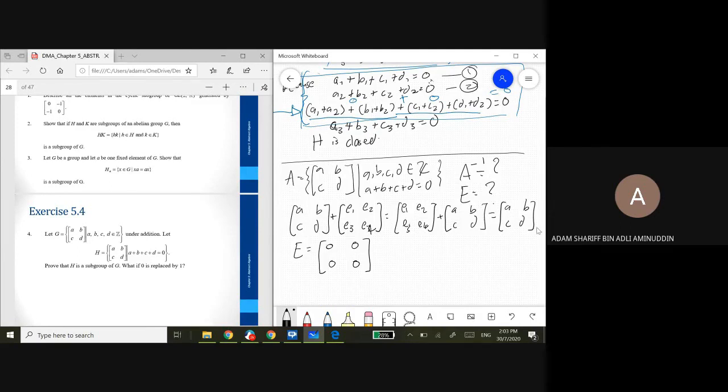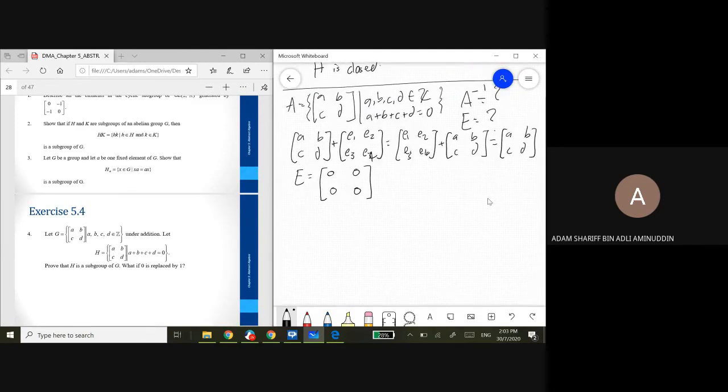Okay, right now we have this idea. Try to think like this. What is A plus A inverse equal to A inverse plus A? You get back the identity matrix, which is 0, 0, 0, 0. I take A, B, C, D. I plus with the inverse A, B, C, D, inverse.